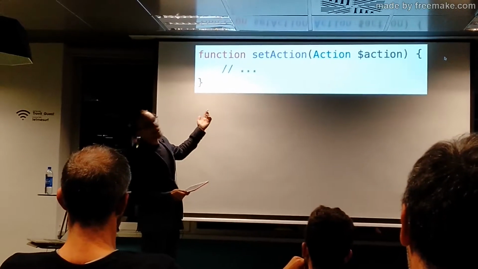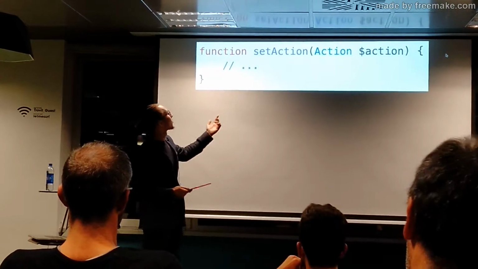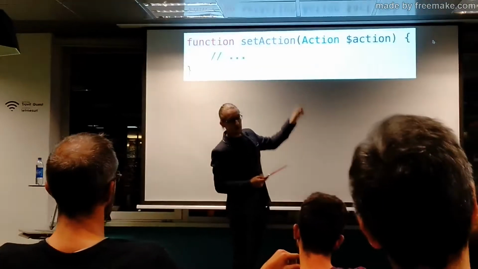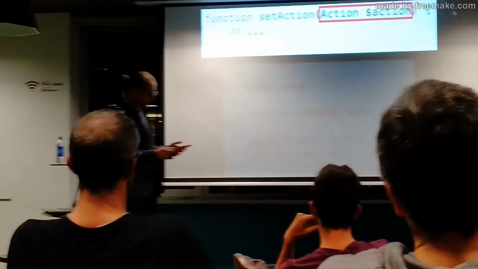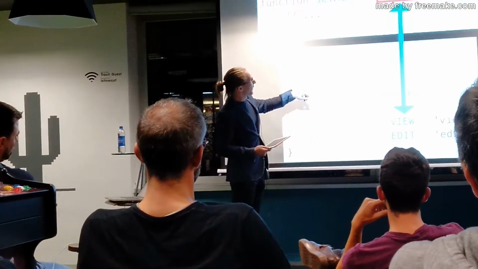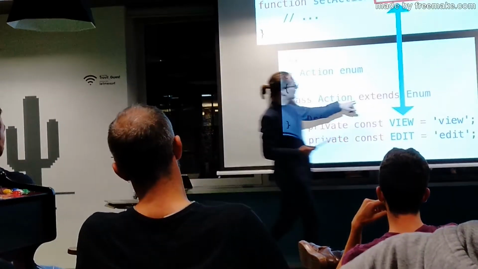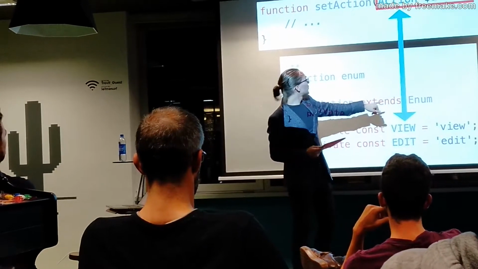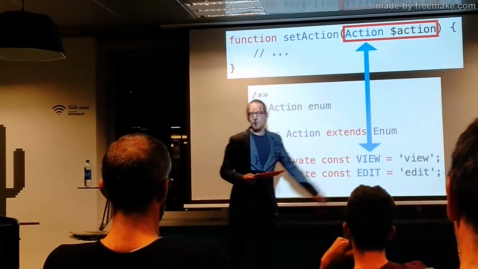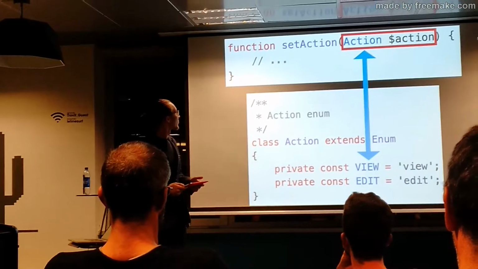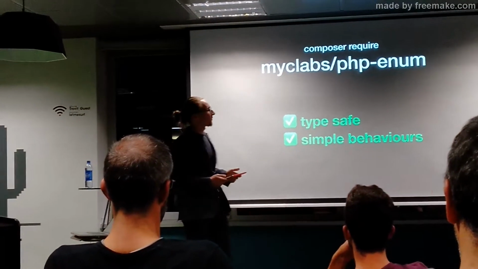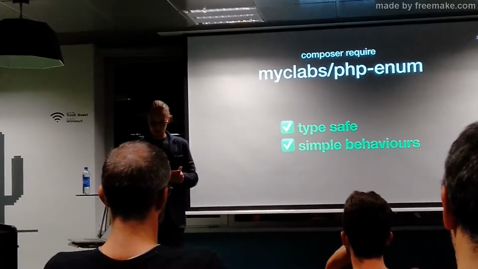There is a method, set action, which has on input an action, which is our enum, which looks like this. And by extending from one of the libraries, I have guaranteed that there will be only one of these two values. So that's this library, which is type safe, and it allows simple behavior.